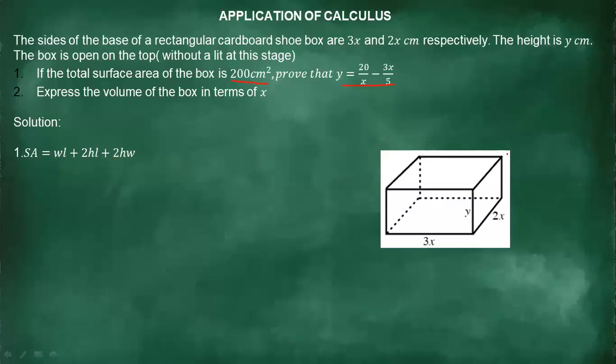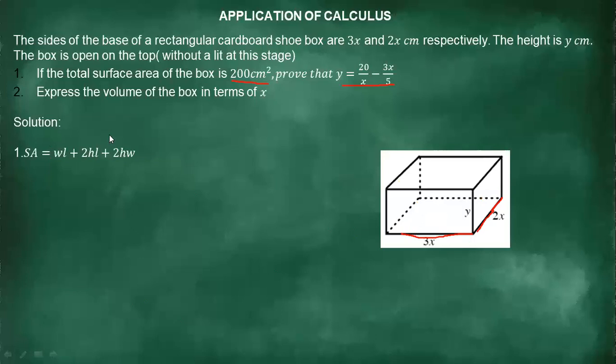Because if you say 2 times width times length, we would be counting the bottom part and the top, if this box was closed on top. But because it's open, we're only going to be calculating the surface area of this shape just underneath here. We're going to be calculating for that only, hence we don't have 2 there.